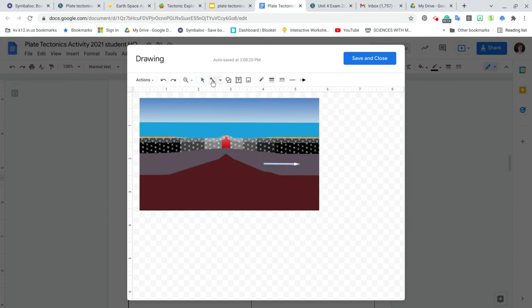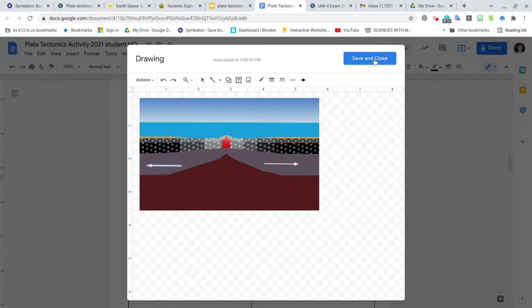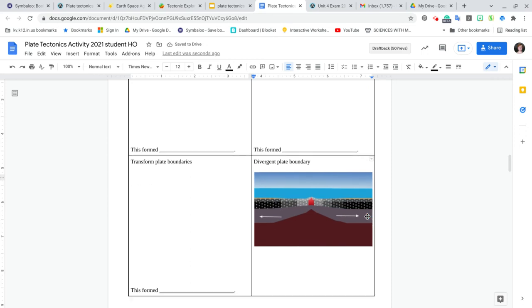You're going to draw another arrow going that way, just like you did on the computer screen. Okay. Then you also need to label, oh, wait, go back. Save and close. There, okay, it replaced it.